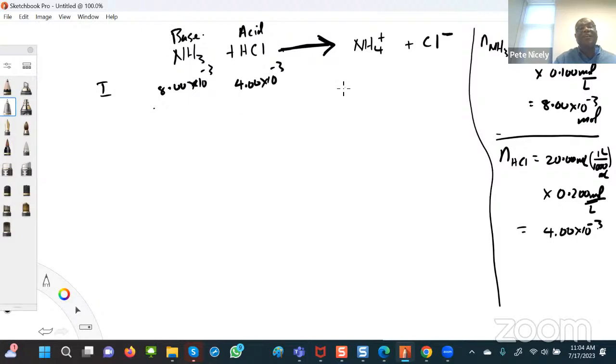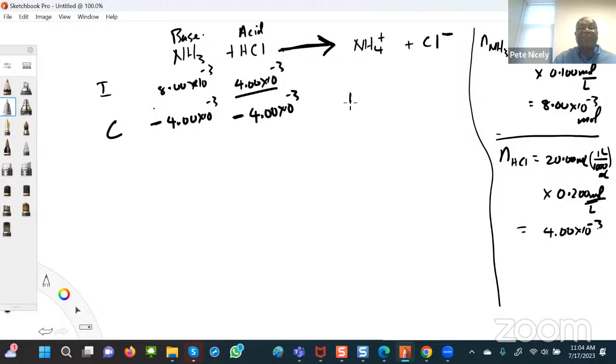So all of the limiting reactant will be used up, and we can easily tell which is the limiting reactant. And that would be this one right here, because it's a 1-to-1 mole ratio between the two, and this one has a lower value. So all of this would be used up, and the same amount of the ammonia would be used up.